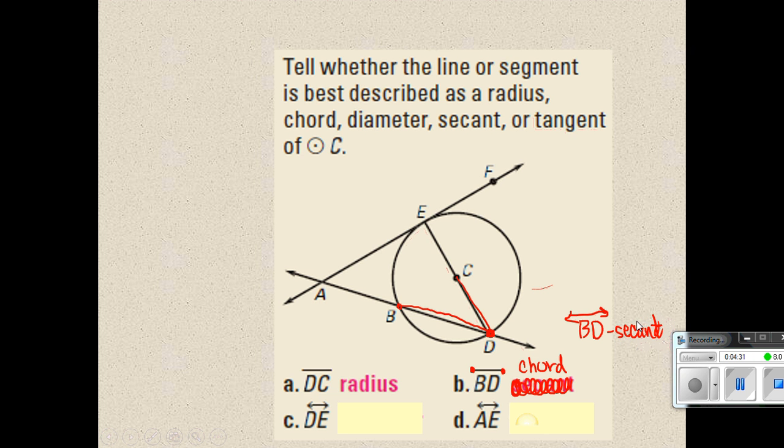Then DE, line DE, okay, that's going to be a diameter. And AE, that's a line that goes through A and E, and that's on the outside. That would be called a tangent. Okay, so make sure that you know what parts represent each part of the circle. All right.